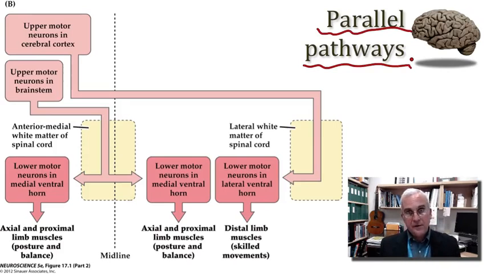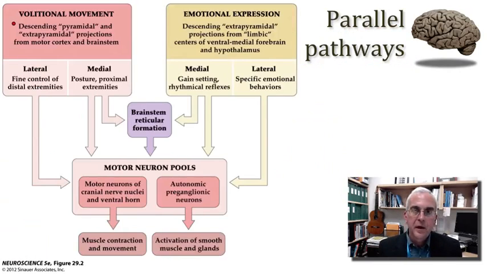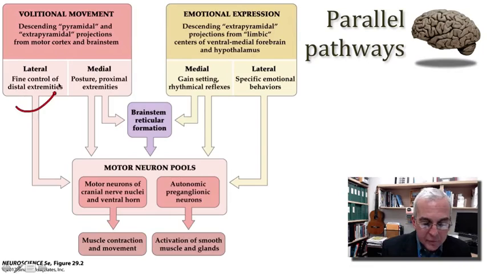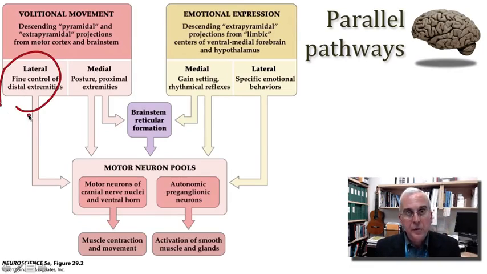Now there's an even larger dimension of parallel pathway for motor control. Here in this slide we have an illustration of how our upper motor neurons in the cortex and the brainstem collaborate in order to express those movements that arise from our volition. And so we have, again, these lateral components that are mainly derived from the cortex, and they're concerned with the fine control or the skilled behavior that we express with our distal extremities.